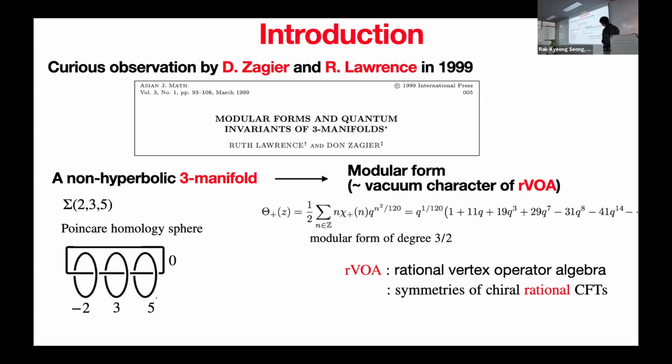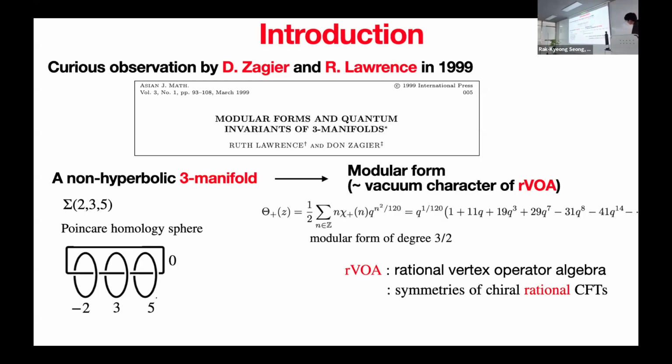They found that this has a modular form of degree 3.5, and it is closely related, with one more step, to the vacuum character of the rational VOA.